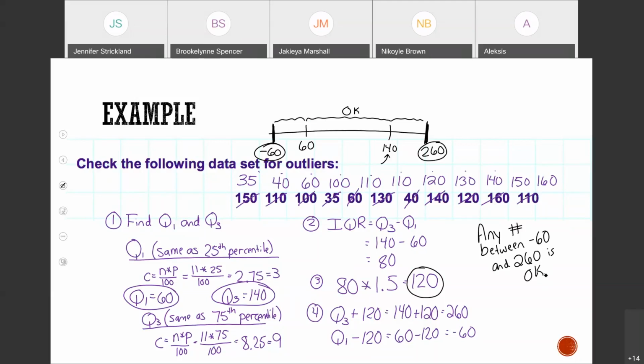Not too high, not too low. So look at your numbers. I'm going to say that all of my numbers are between negative 60 and positive 260, right? Do you agree with that? So this particular data set does not have any outliers. There are no outliers in this data set.